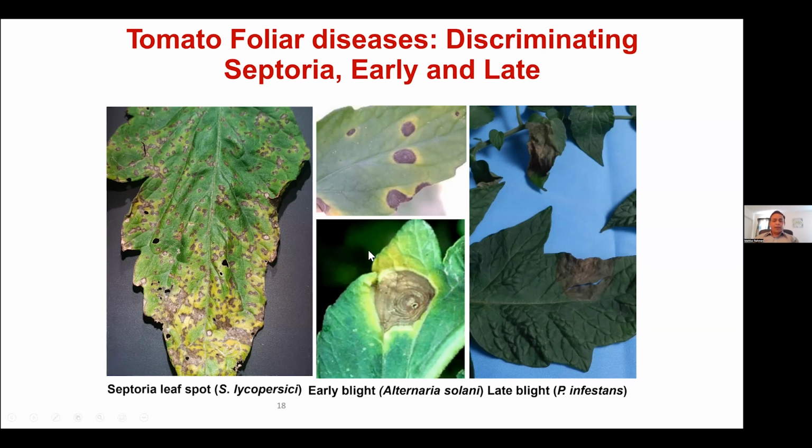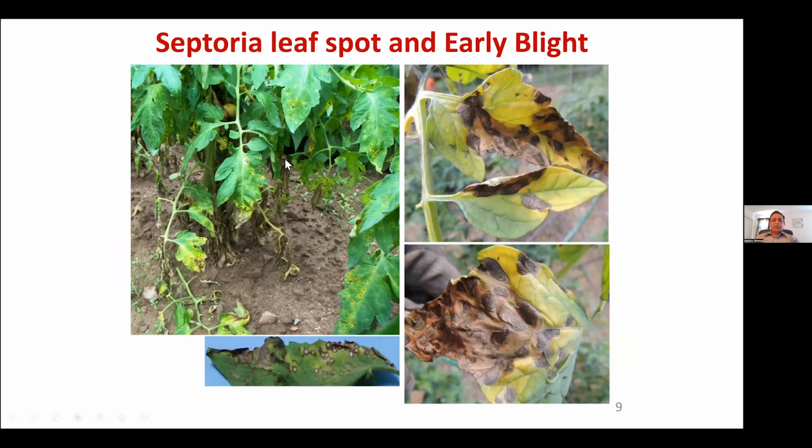In the middle, early blight, you will not see that many lesions, and you will see those concentric rings. And in some cases, you will see some blackish areas caused by late blight, or Phytophthora infestans. Okay, so I will just take a few minutes to describe this major issue on tomatoes.